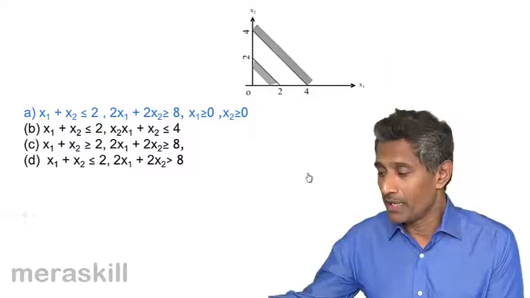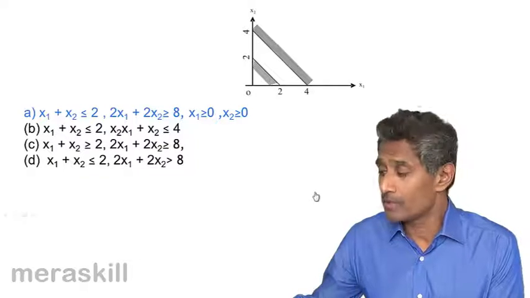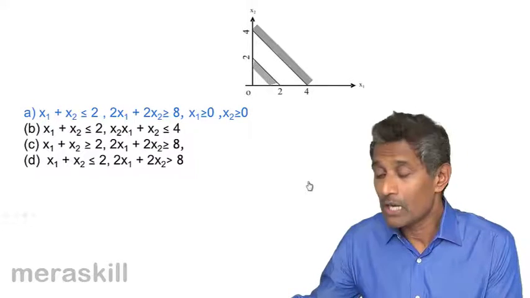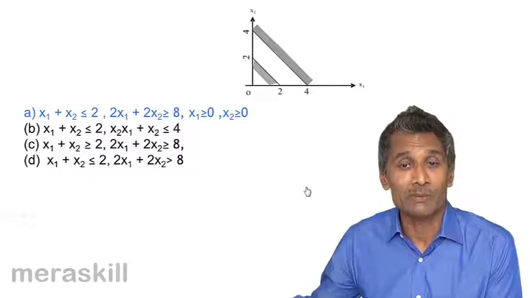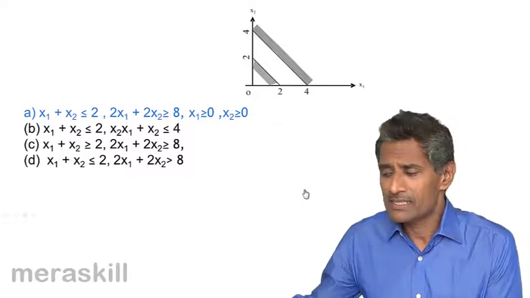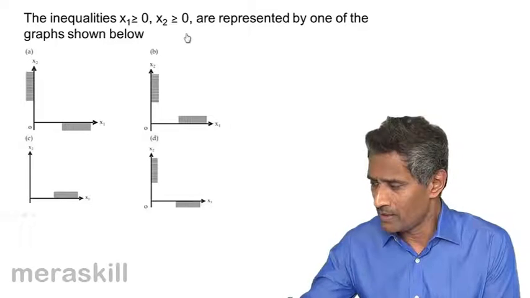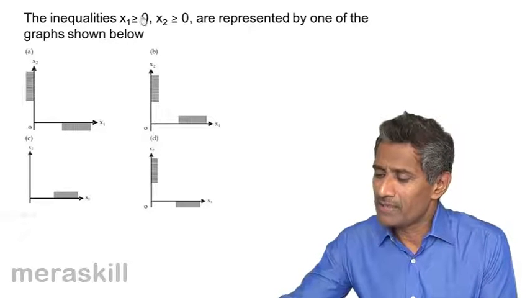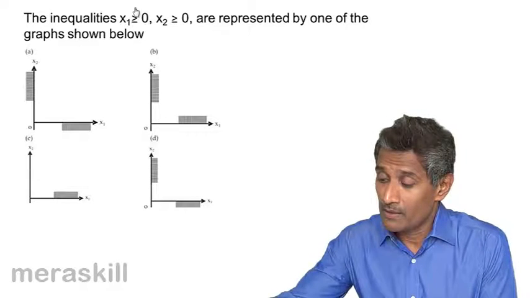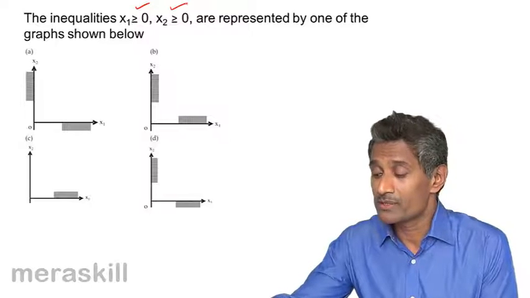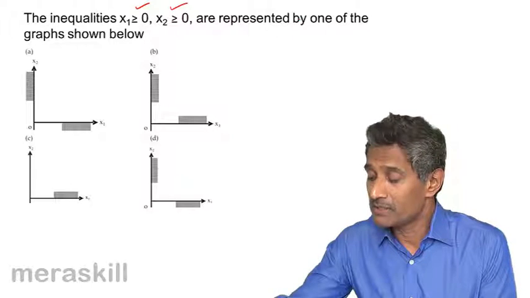So we have done a few examples, quite a lot of them, to understand how to form signs with regards to a particular region. Let's take a few more examples. This is a very simple one. So here the inequalities x1 greater than or equal to 0, x2 greater than or equal to 0 are represented by y.